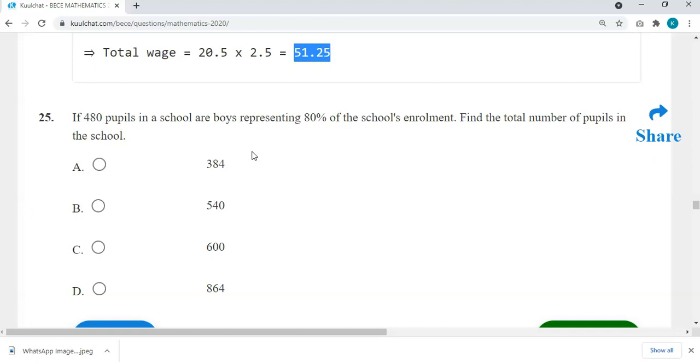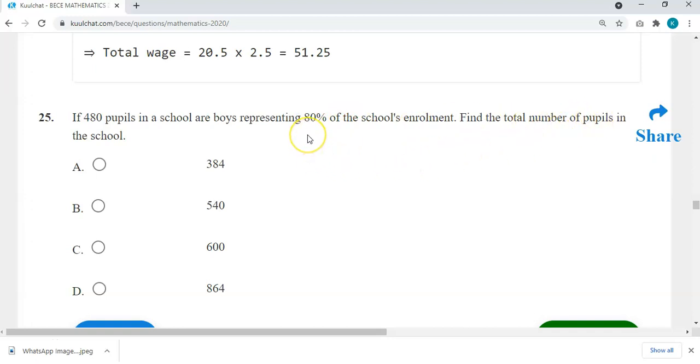a value out of a percentage is just the percentage over 100 times the total number. Here the total number we are looking for is the total number of pupils. And this 80% is for boys in the school. So to get the number of boys in the school is going to be 80 over 100 times the total number of pupils in the school.